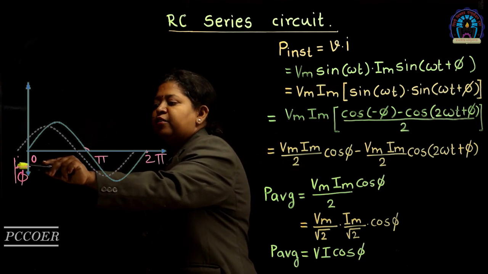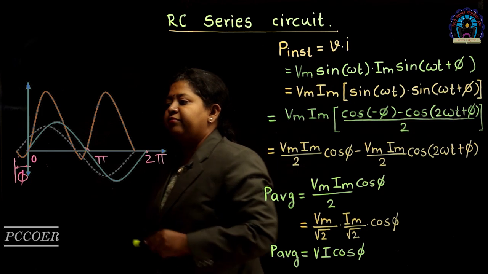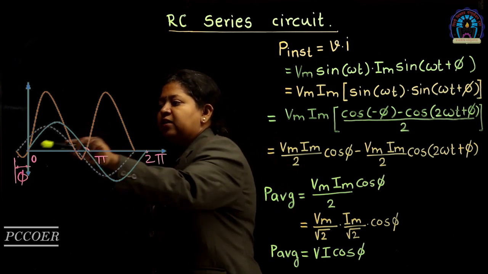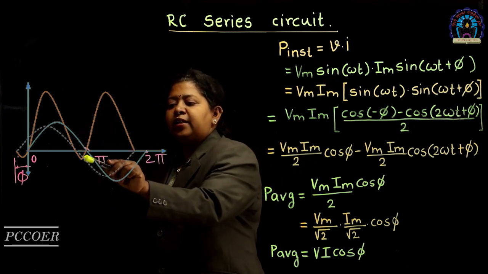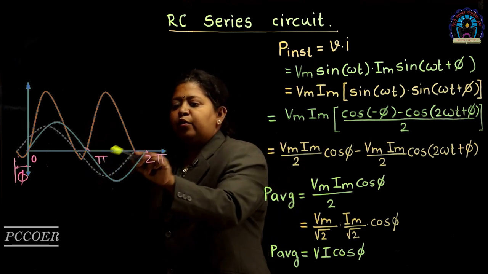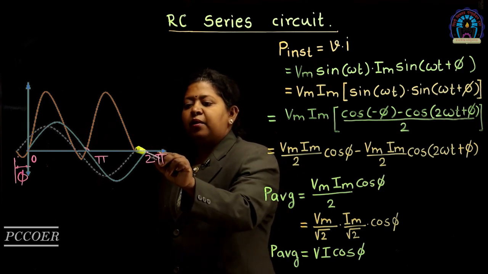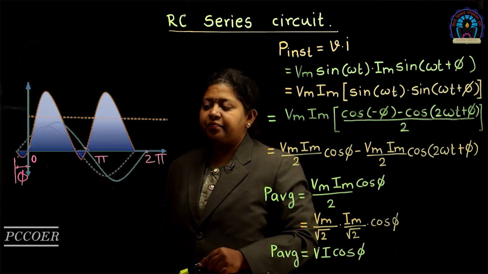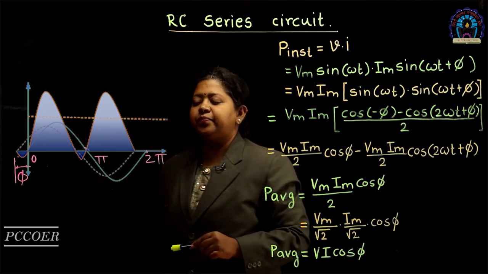It can be seen that from an angle of minus phi to 0, the power is negative, whereas between 0 to pi minus phi, the power is positive. From pi minus phi to pi, the power is again negative. From pi to 2 pi minus phi, power is positive, and between 2 pi minus phi to 2 pi, again the power is negative. The average power is shown by this dotted line.